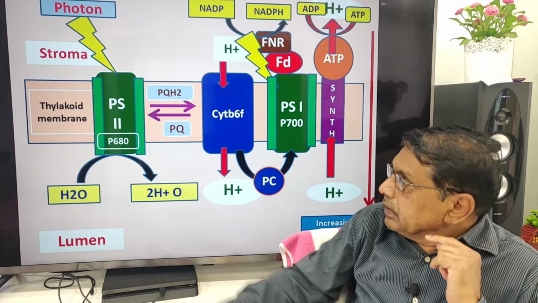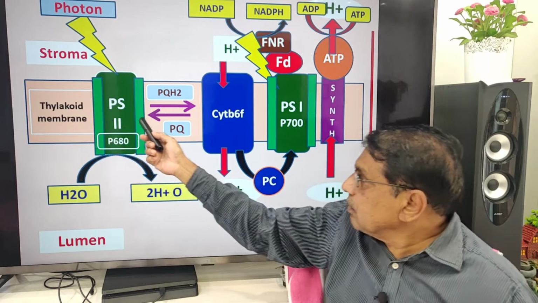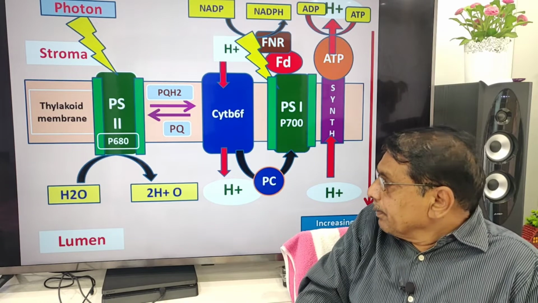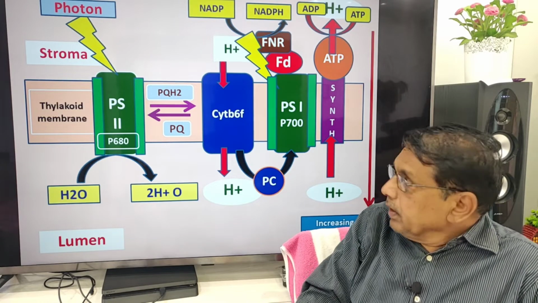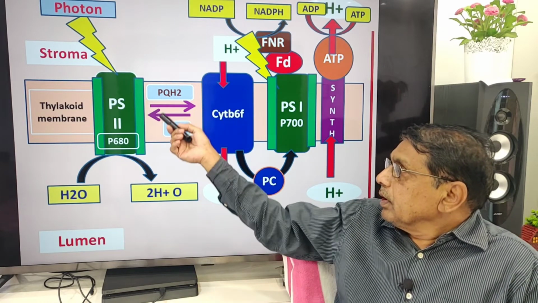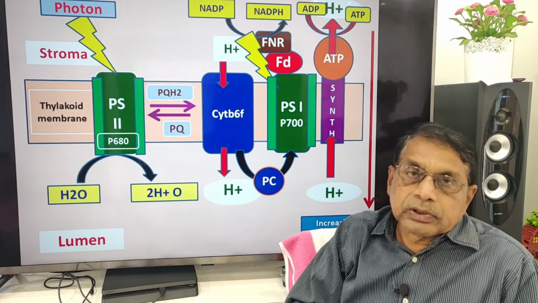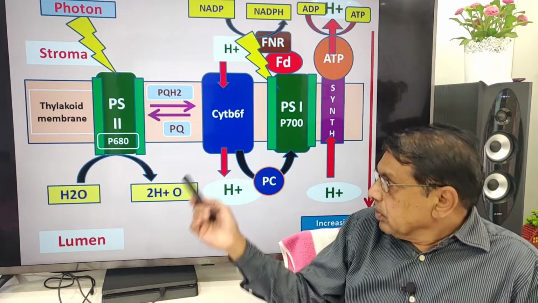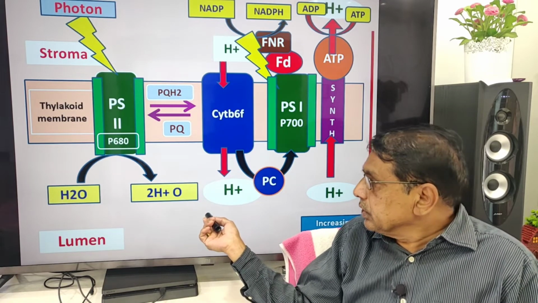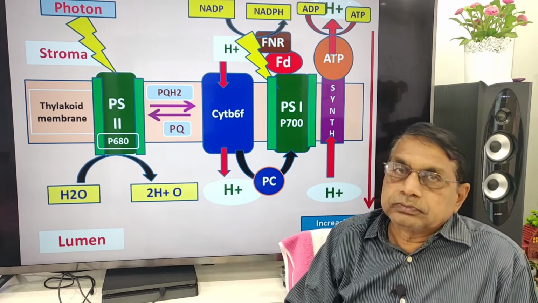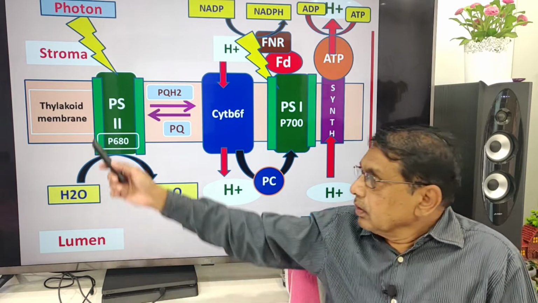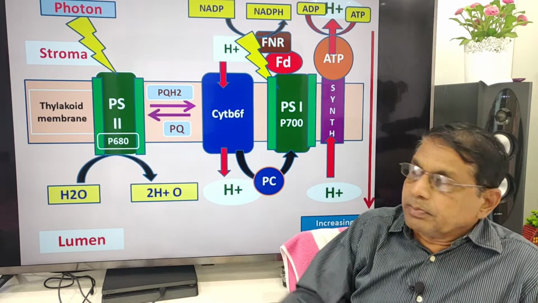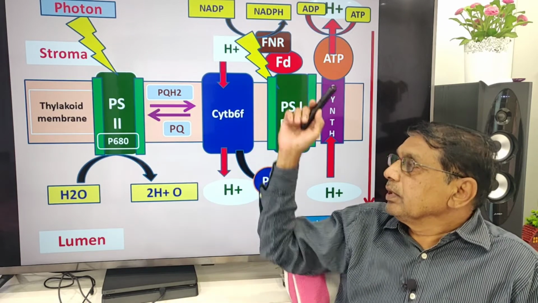So during this electron transport, what happens? Many of the protons from the reduced compounds are released or ejected into this side. When the electron transport takes place, the protons pass from one to the other.